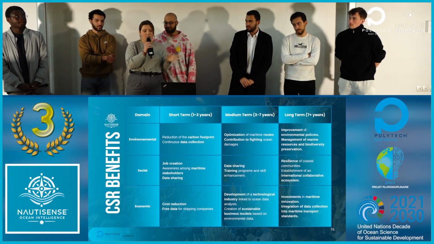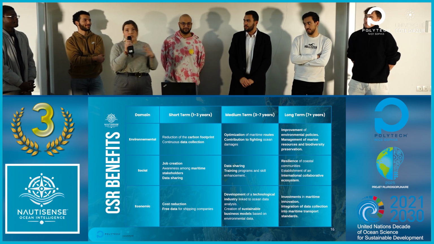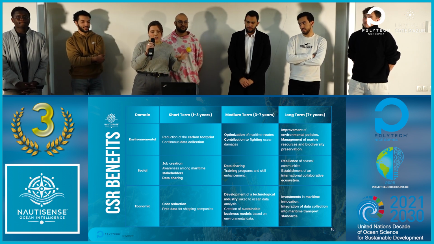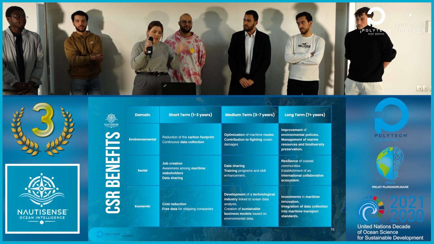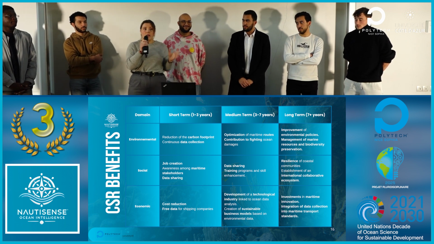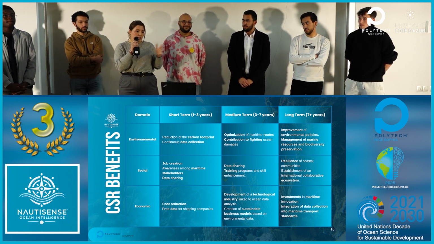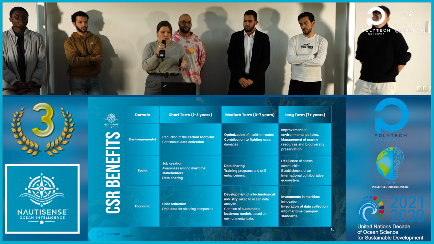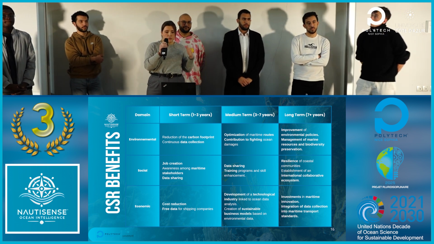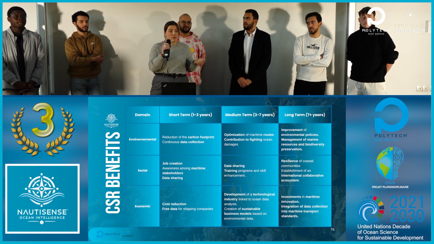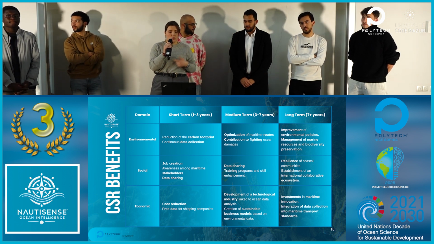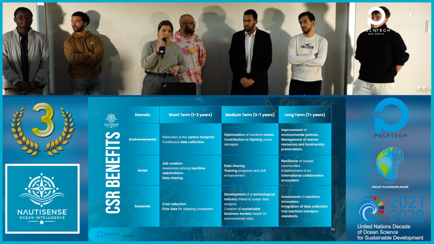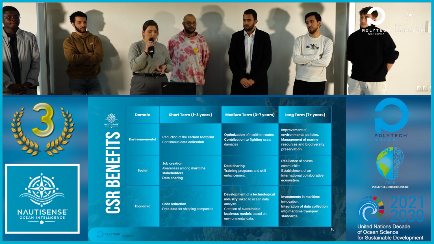Okay, so the CSR benefits for all the companies that use Nautisense are divided into three parts: environmental, social, and economic. We have also divided them into three terms. In the short term, we hope to reduce the carbon footprint of scientific expeditions and to make continuous data collection available for all the scientific institutes.